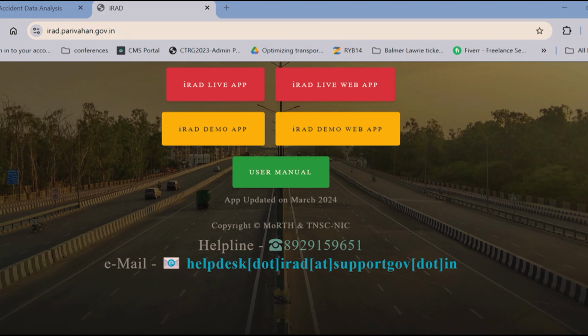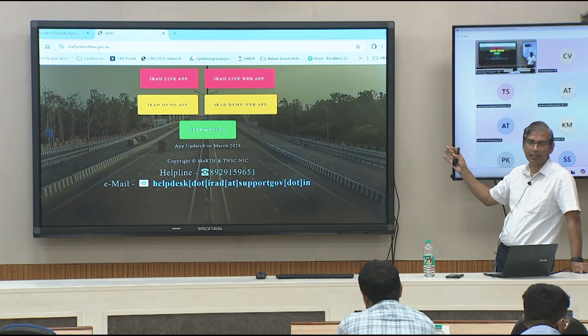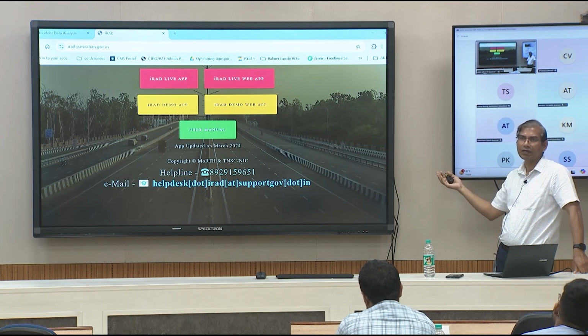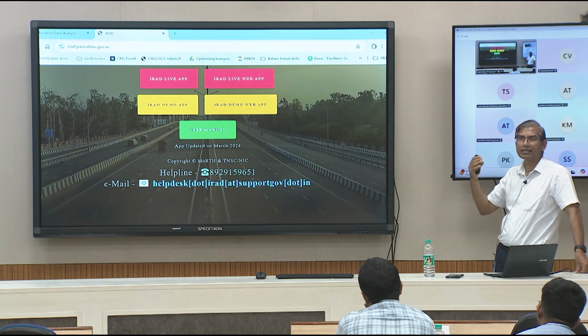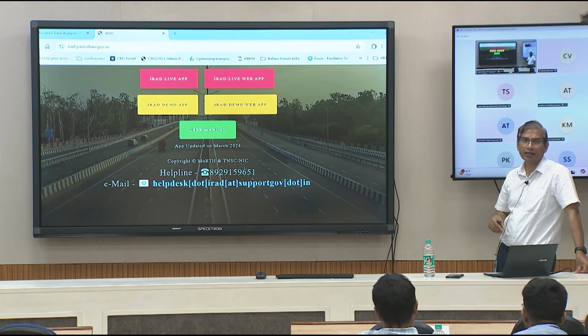That way we get a large amount of data. But still it is not available in the public domain. Maybe down the line you may start getting access to the old records, maybe not the current records.